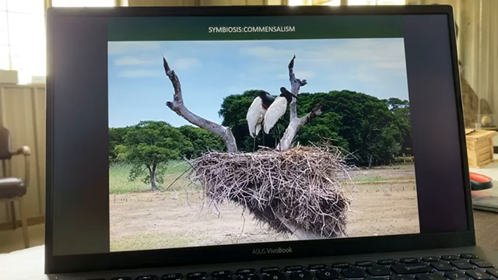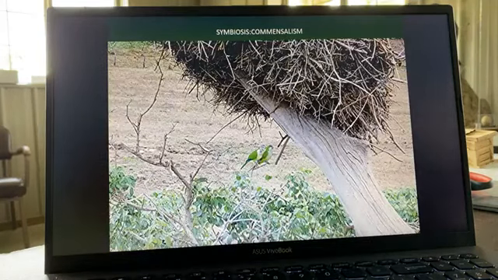One of the things I observed while I was up there taking pictures were these monk parakeets. These little monk parakeets have their nest inside the nest of the jabirus. I always call them Subarus, but those are cars. So the monk parakeets build their nest inside there.